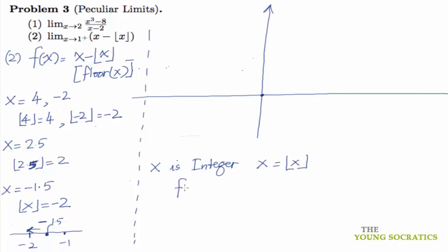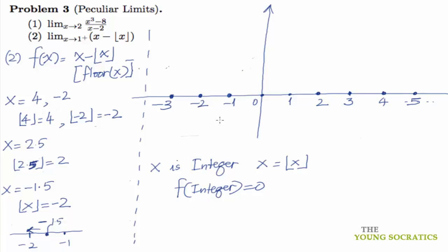So the value of f for any integer is 0. So at x equals 0, 1, 2, 3, 4, or -1, -2, -3, f(x) is 0.